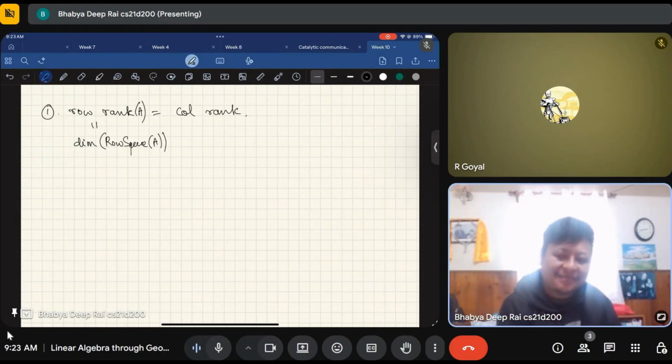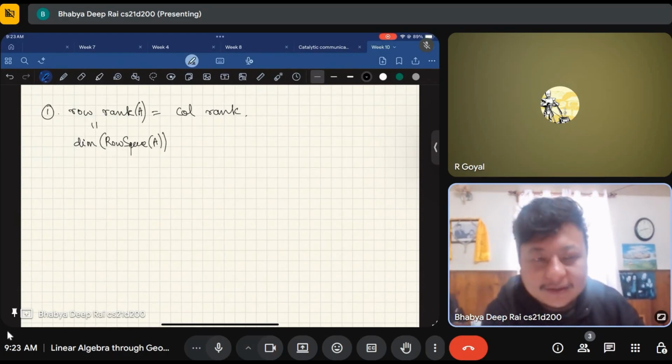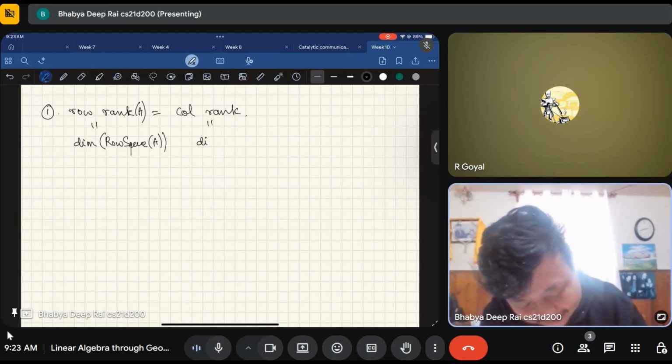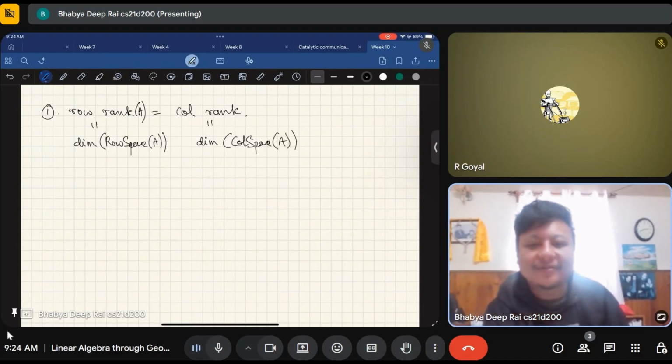The row space is just the span of the rows of A, and dimension simply means the minimum number of linearly independent vectors required to span the row space. And this is the dimension of the column space. So the dimension of the column space is always equal to the dimension of the row space.